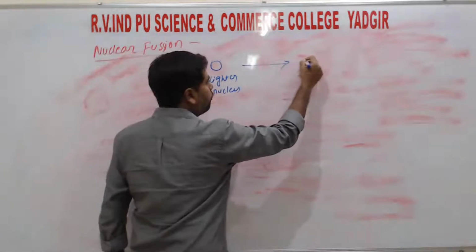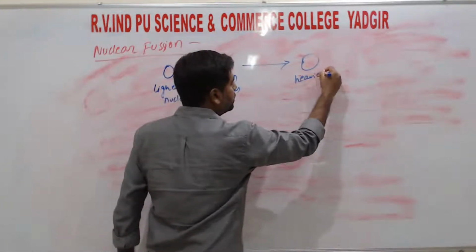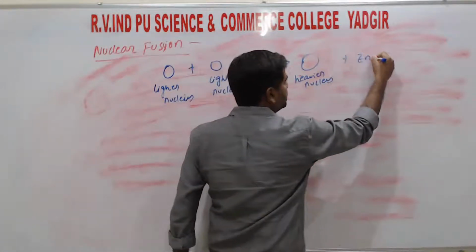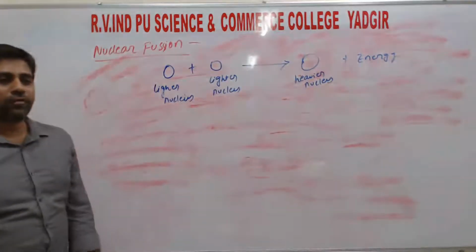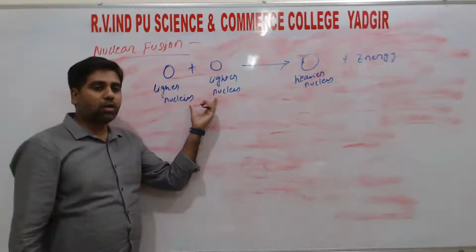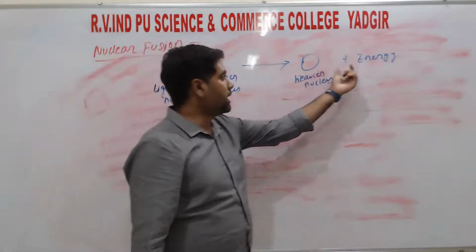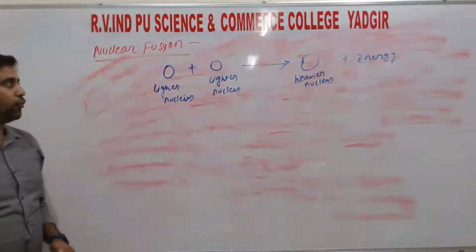They combine to form a heavier nucleus, and along with this, energy is released. So this process we call nuclear fusion, that is fusing of two or more lighter nuclei to form the heavier nucleus, and the energy is released.